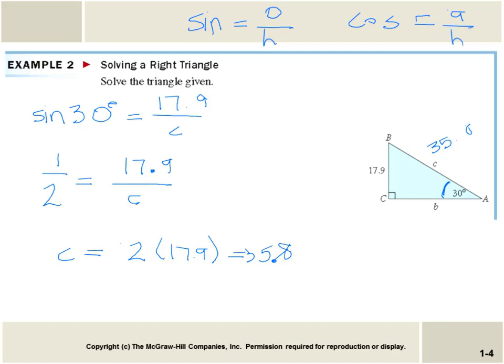So the adjacent, I can say cosine of theta is equal to b over 35.8, right? So that means that b is equal to 35.8 cosine of theta, cosine of 30. What's the cosine of 30?